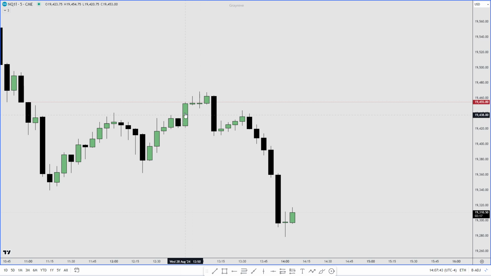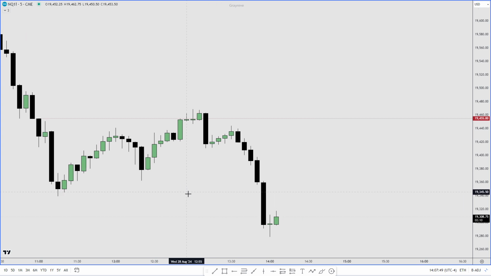So this candle here validates this candle as the bearish order block, and at the same time it has created a 5 minutes CB as well.